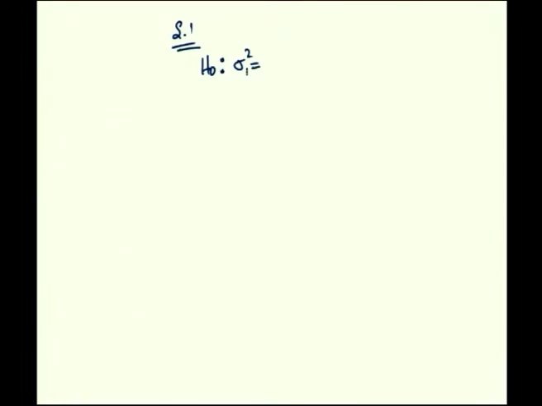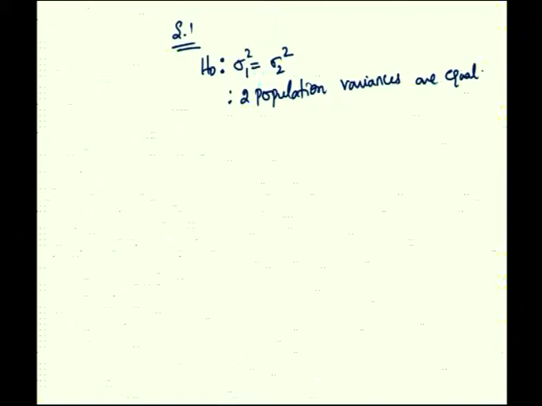So, H naught says sigma 1 square is equal to sigma 2 square, that is, 2 population variances are equal. Next, step 2: nothing is specified in the question about a one-tailed alternative, mentioning that test whether one population variance is greater or lesser than another population variance.